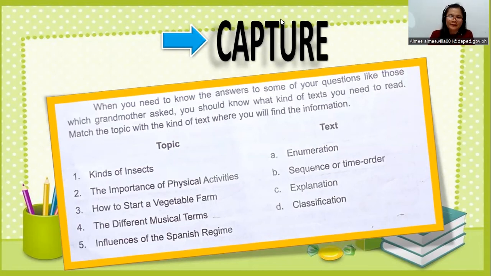Number 4, the different musical terms. The answer is enumeration. And number 5, influences of the Spanish regime. The correct answer is letter A, enumeration again. So very good.